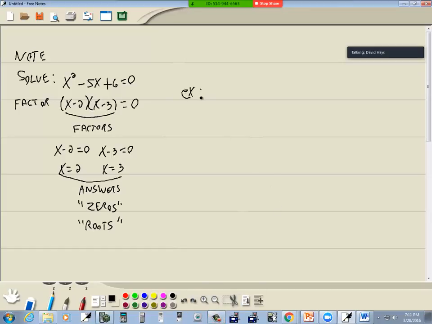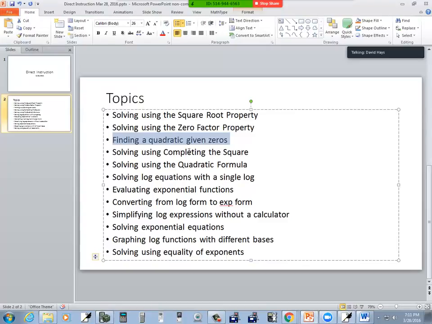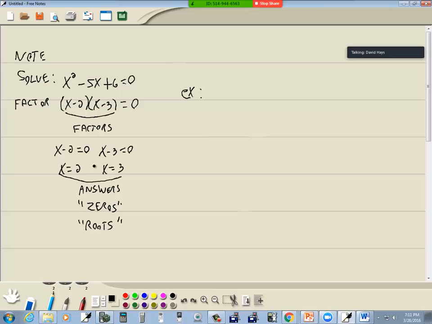Well, what they're wanting you to do with this next topic is to go backwards. So you want to start off with your answers, and then you want to go back up to get your original quadratic. For example, if I start off with x equals -1 and x is equal to 1/2.